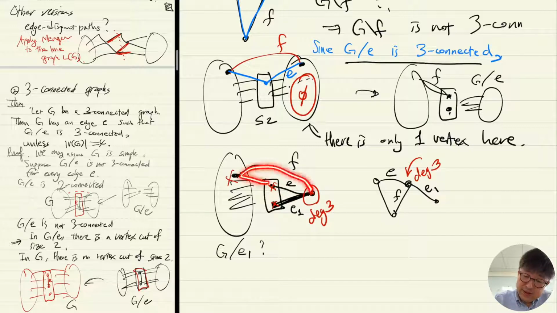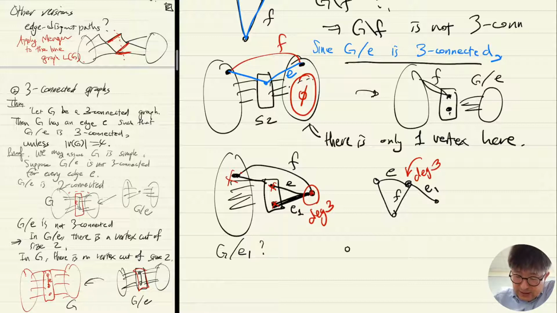But these two edges become parallel, right? If I contract E1, I may add this new edge, but other than that, it looks the same. So since G contract E is 3 connected, G contract E1 will be 3 connected.